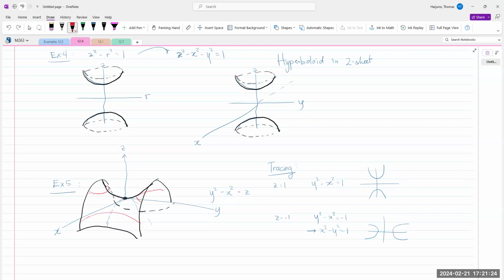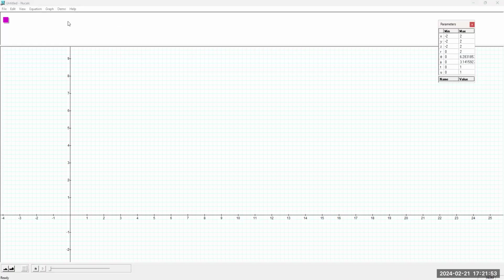Now remember I showed you one software that I told you to download. Let me show you that here. Give me a second. I hope using this software we are able to see that better.